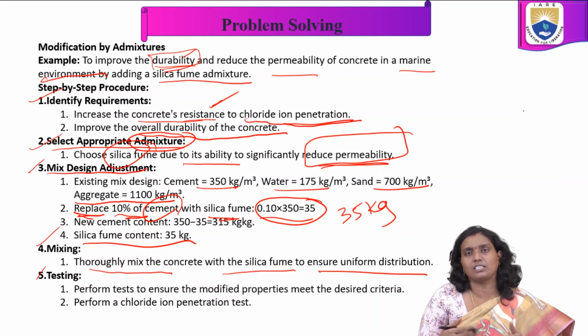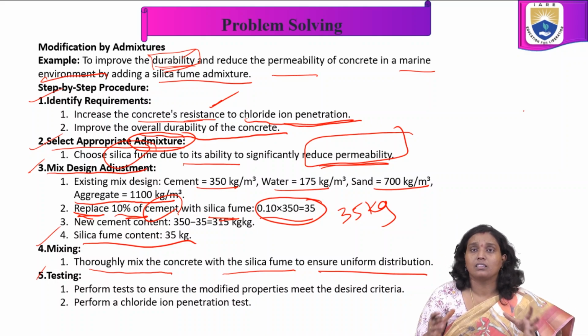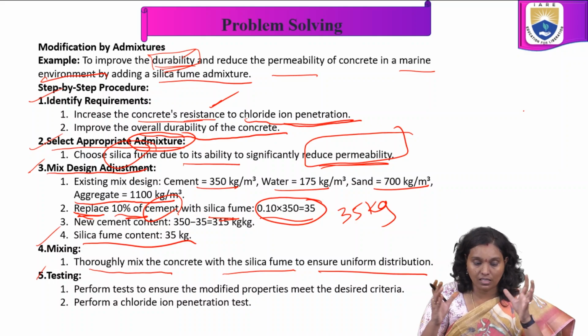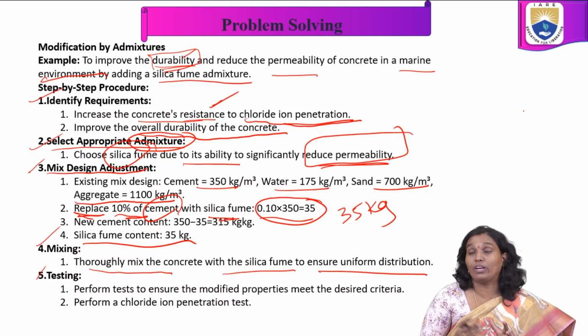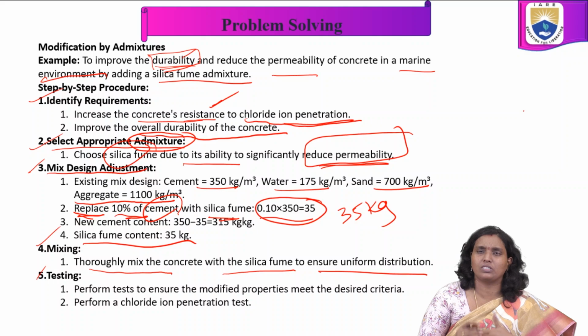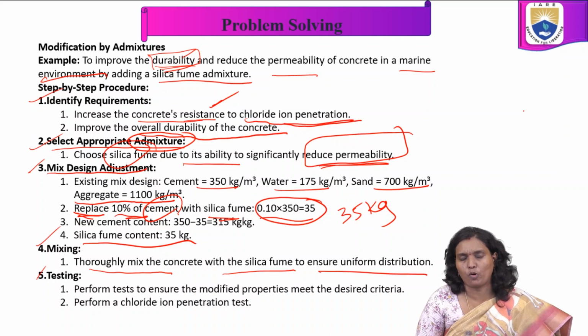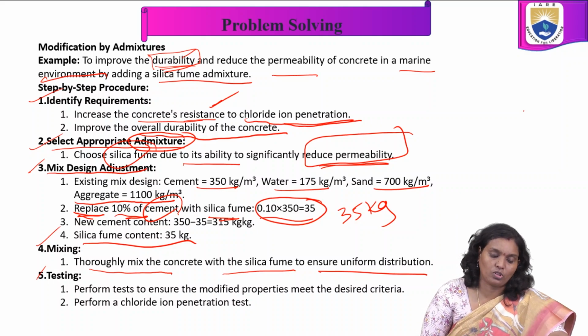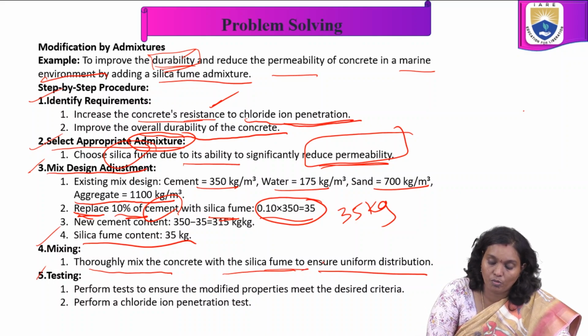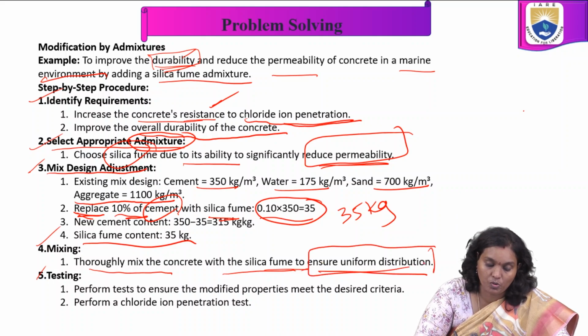The mixing process is different when cement, sand, water and aggregate are involved; here we are replacing some other material with silica fume. We have to ensure uniform distribution for getting the desired properties.